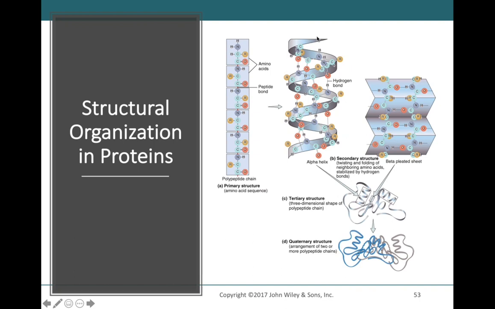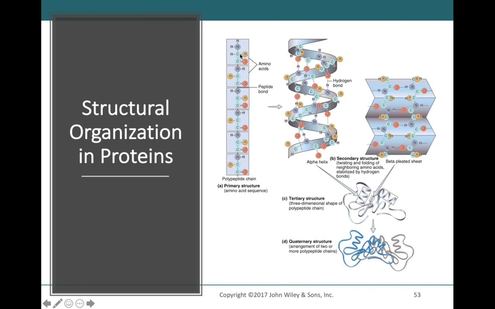But one thing that we can see is based on the specific amino acids, that's going to potentially allow for the formation of hydrogen bonds. So remember hydrogen bonds, from part 1 of chemistry. With hydrogen bonding, we have a partial negative charge meeting up with a partial positive charge. So let's say maybe we have a partial positive charge here, and we have a partial negative charge down here.